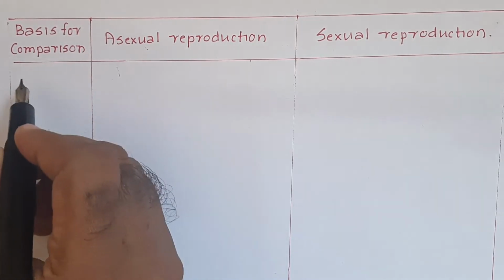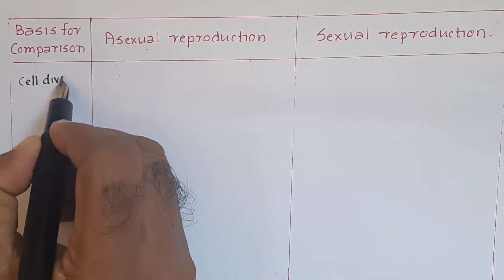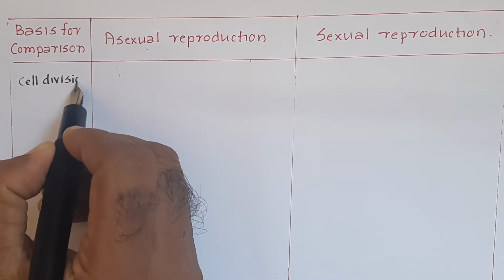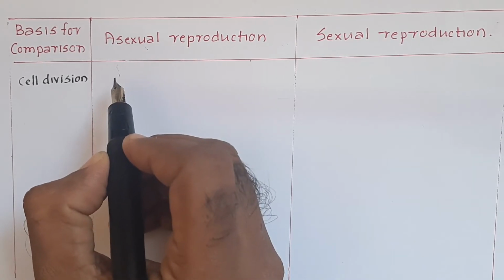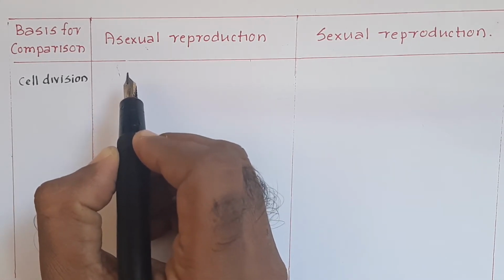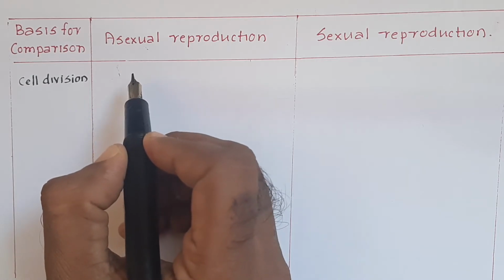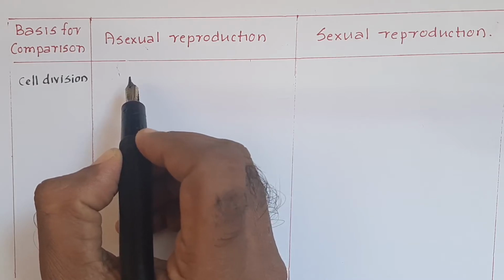Then cell division. Next point is cell division. Here, asexual reproduction occurs by a series of mitotic divisions.